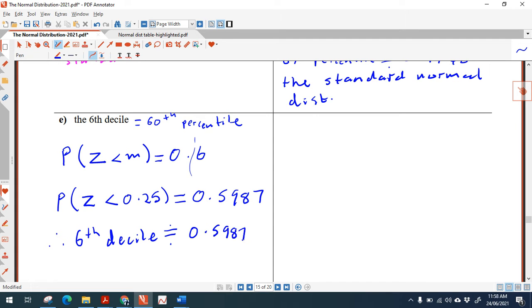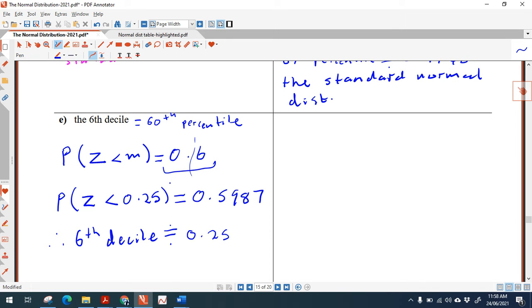Oh, sorry, that's my mistake there. That should be 0.25. Yep. Here we go. All right, so that should be 0.25, because the z-score of 0.25 gave me 0.5987. I wanted 0.6, but unfortunately I couldn't get close enough.